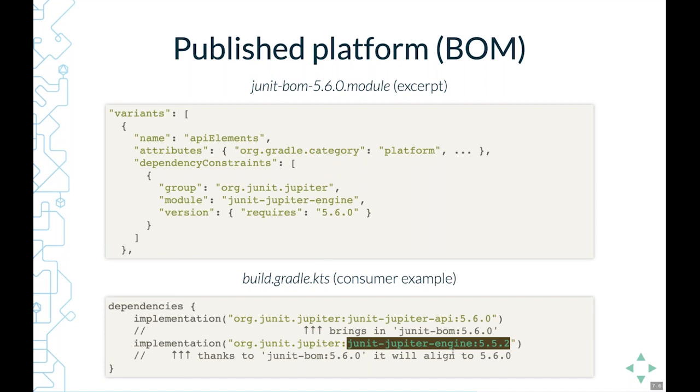And so there will be a version alignment to 5.6.0 for Jupiter Engine without you having to do anything. Of course, if this is what's written in your build file, you probably should correct it. However, sometimes this may happen through transitives, and there it will work as well.